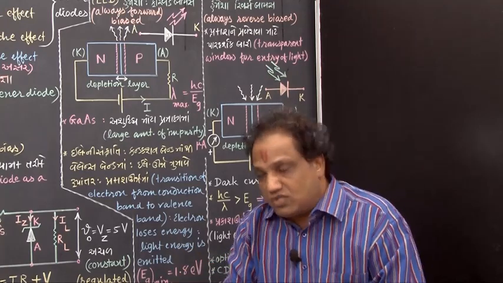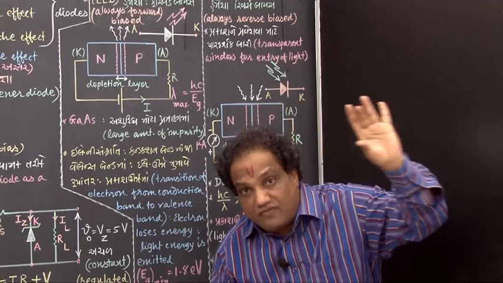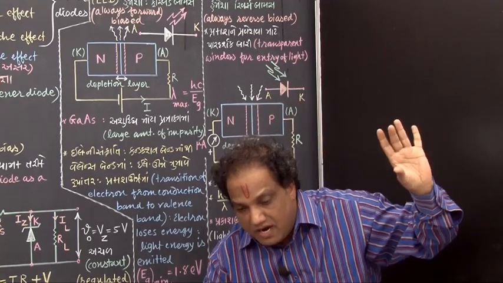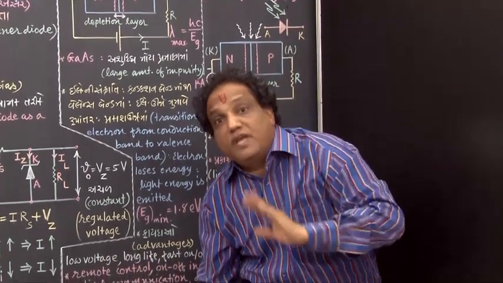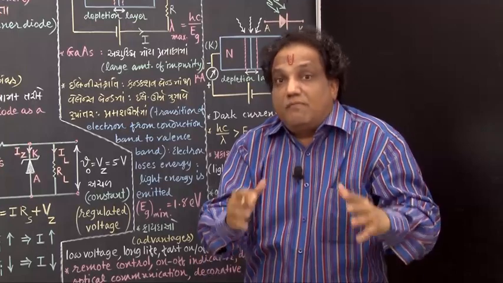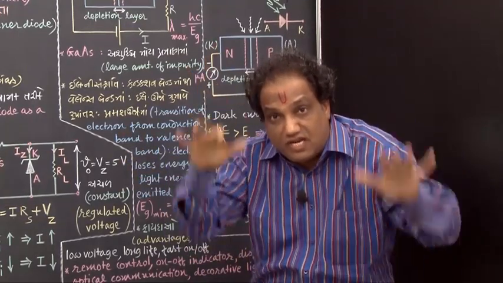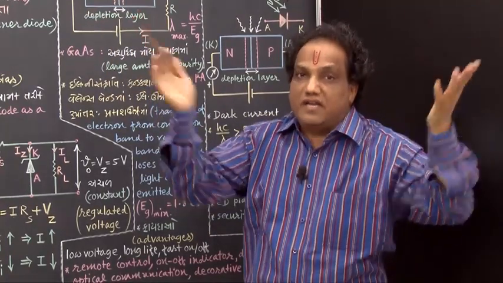Because you have kept the amount of impurity very large, there are a large number of free electrons in the conduction band and a large number of holes in the valence band, so a large number of free electrons will make transitions. If so many electrons are making transitions, there will be a great decrease in the energy of electrons, and that is why we will have production of more light energy.